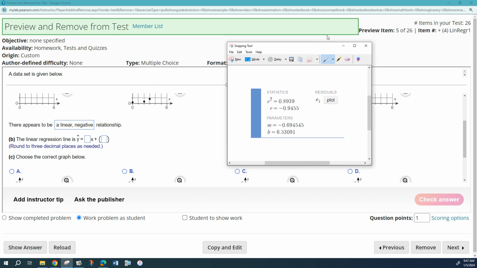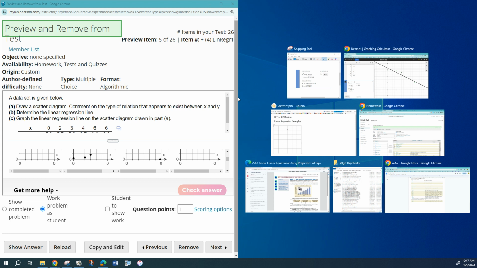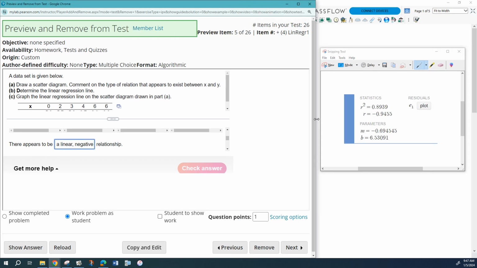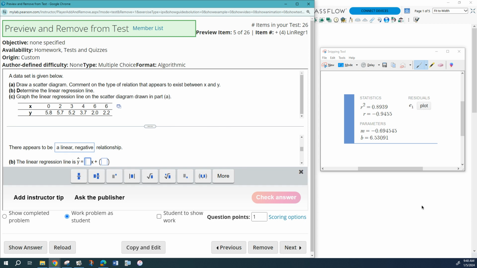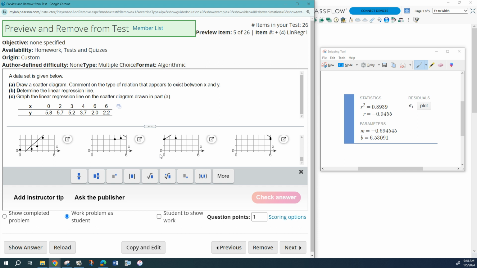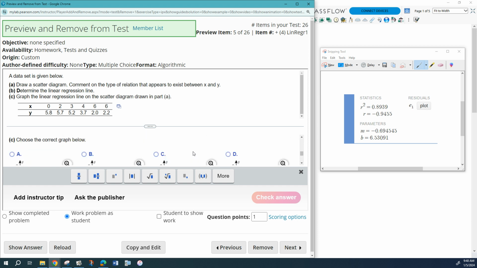So the slope rounded to 3 decimal places is negative 0.695. There it is. The y-intercept rounded to 3 decimal places is 6.531. Exactly. And then we want to choose the correct graph below of the regression line graphed over the top of the scatter plot.